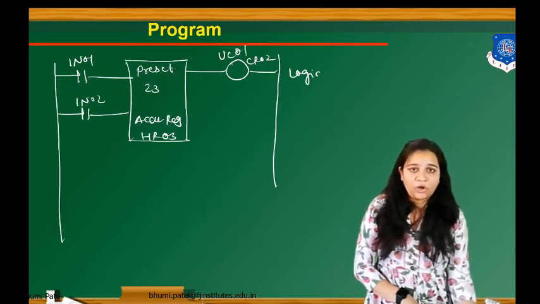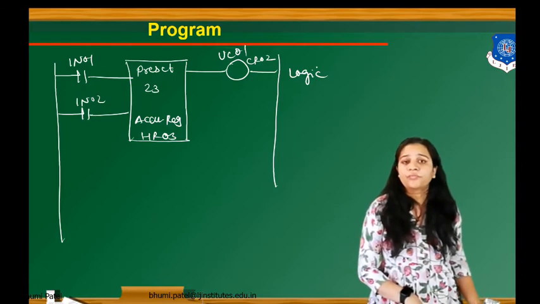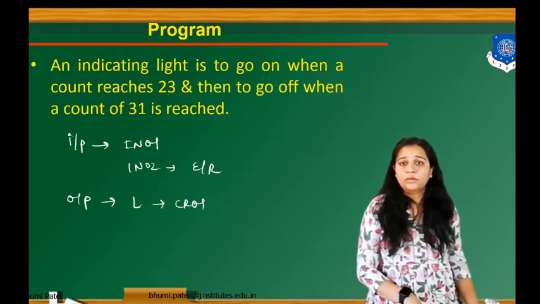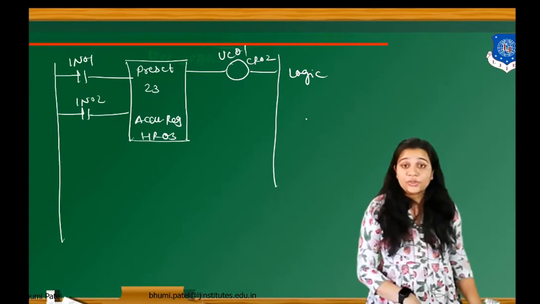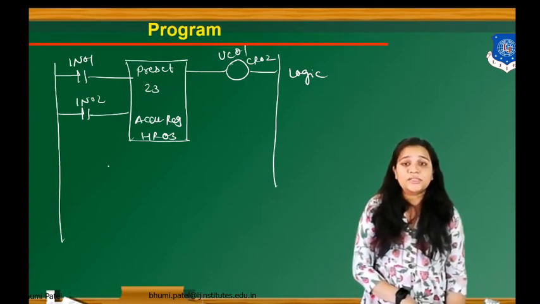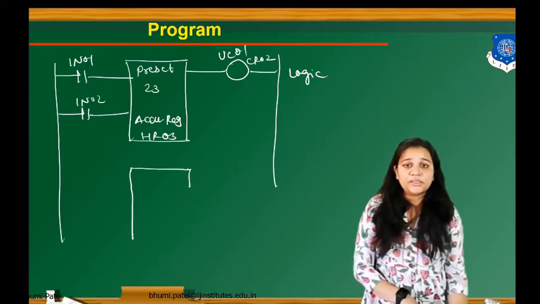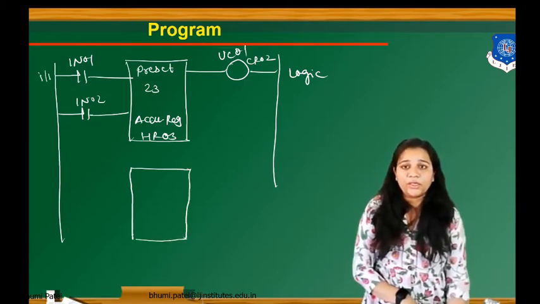So this is the logic for the indicating light, and the second condition is then to go off when the count of 31 is reached. So here both the inputs are the same for both counters. Okay, so we can take the same name for the input. This is my input pin and this is my enable and reset pin.